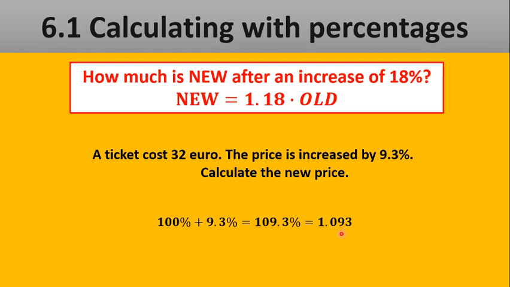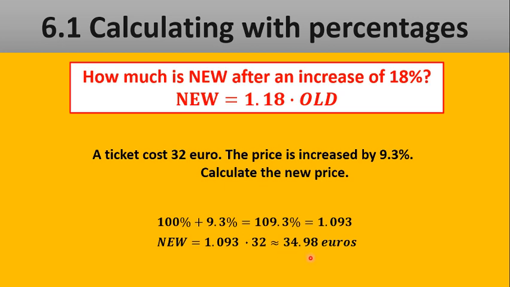This is going to be the amount, or the multiplication factor that we're going to use to do times the OLD price, right? OLD, which is 32, which leaves us with approximately €34.98. And I'm going to round off to two decimal numbers because we're talking about money in this case.